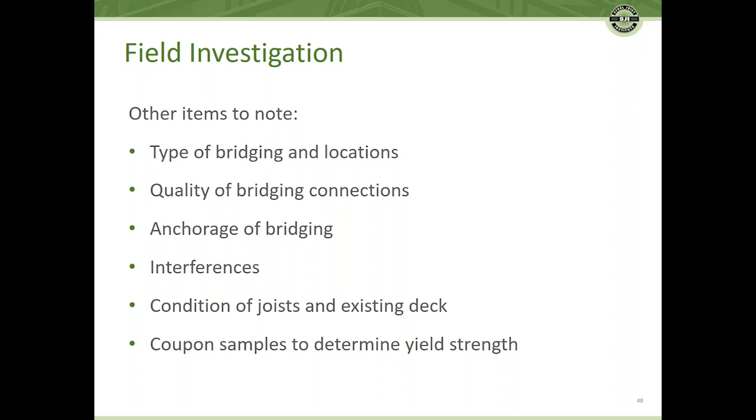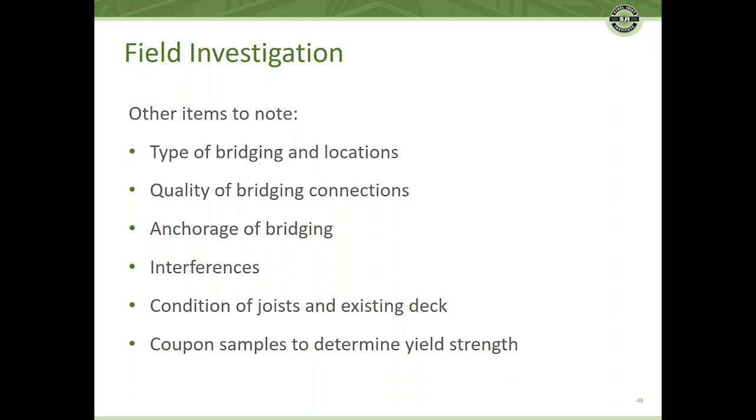Need to kind of keep track of that, and then the condition of the joist and the existing deck. Obviously, that fire showed that the deck was in terrible condition and needed to be replaced, but perhaps the joists were not, and the joists could be reused without significant changes.